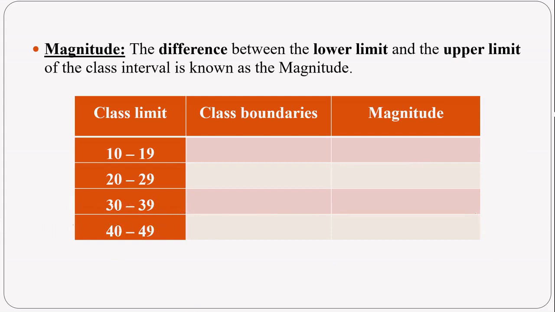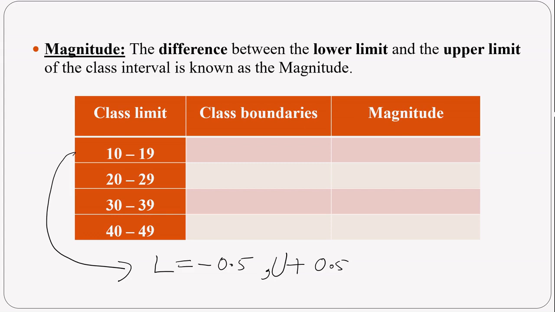How to find it? Let me bring the first example down. Try to understand: there are no decimal places. When there are no decimal places, you need to minus 0.5 from the lower limit and add 0.5 to the upper limit.